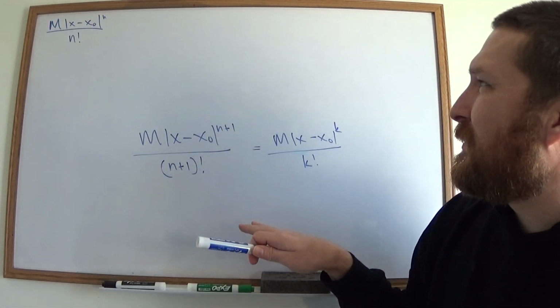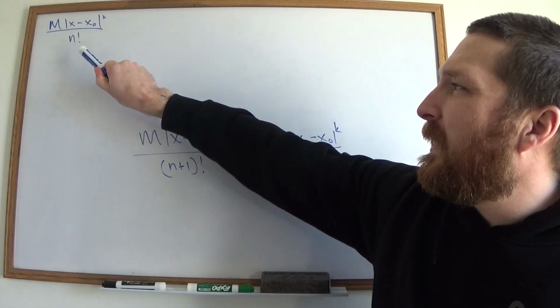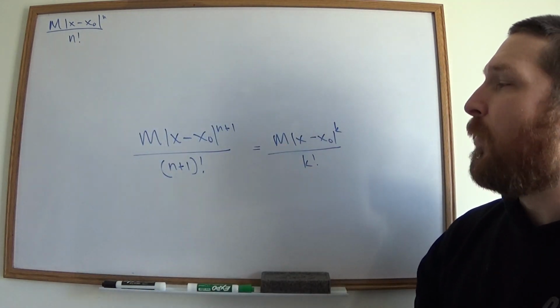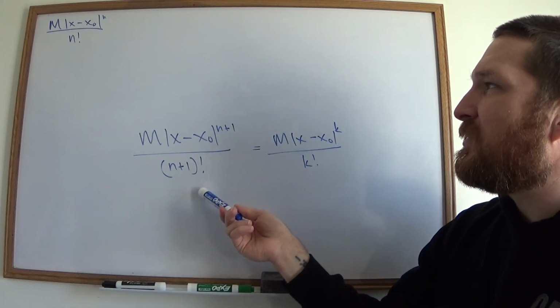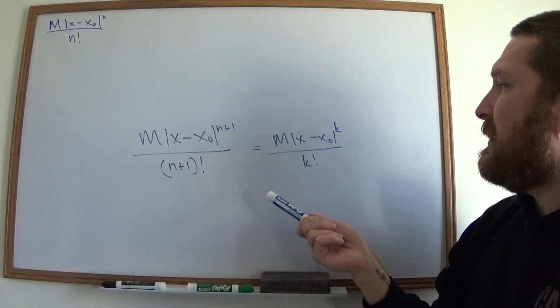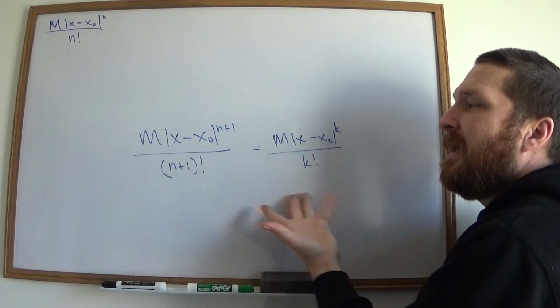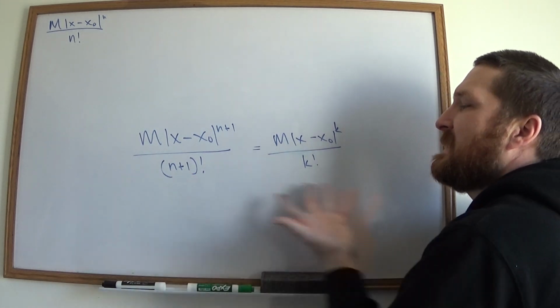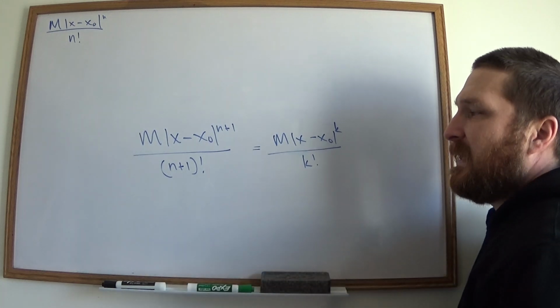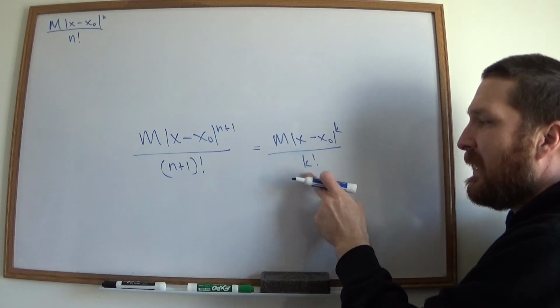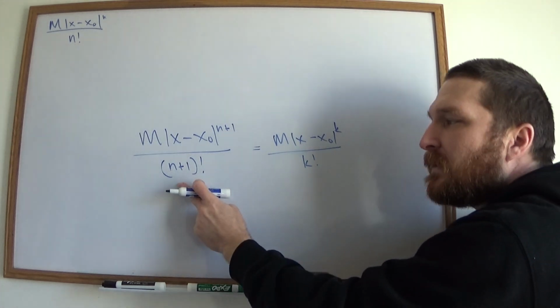So first things first, I'm not gonna do this with n plus 1 because that's just annoying, right? It's gonna be easier to work with just n, and this should be the same thing, right? If k equals n plus 1, then you could imagine as k gets really big, n plus 1 gets really big.